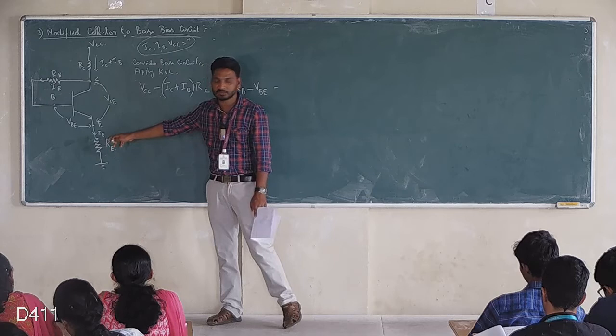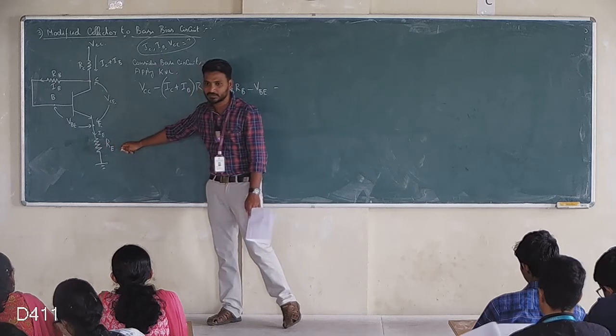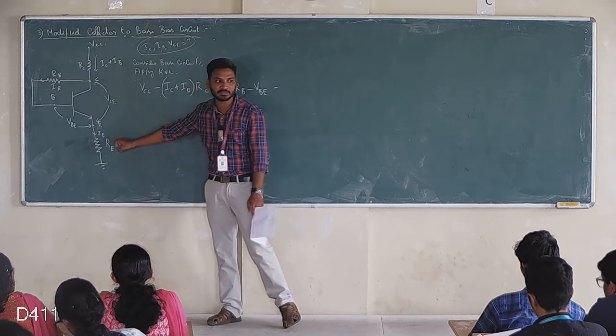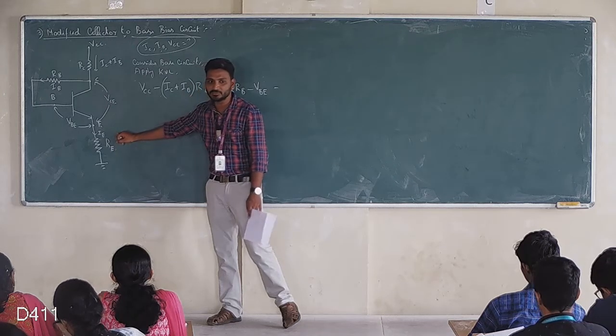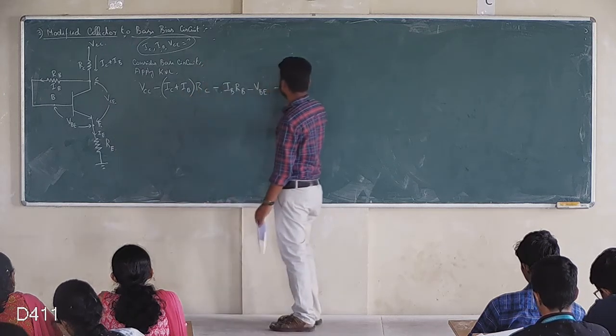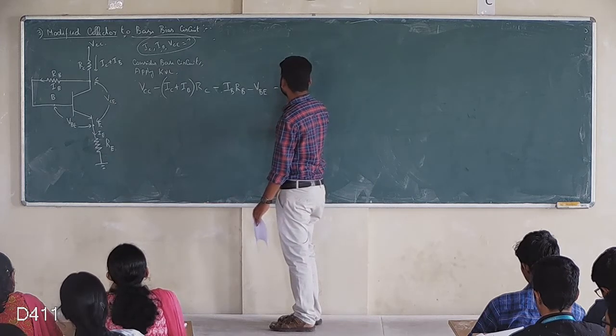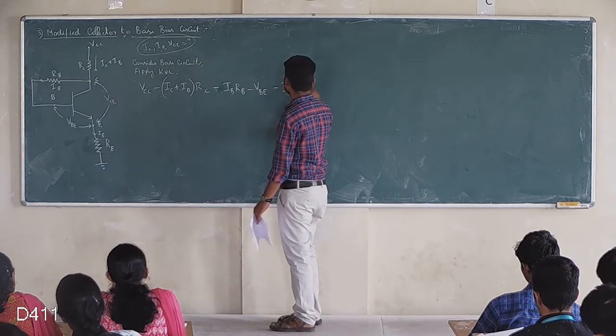Now the resistor is present, so we have to find the voltage across RE. Voltage across RE is nothing but IE into RE, so minus IE RE equal to 0.